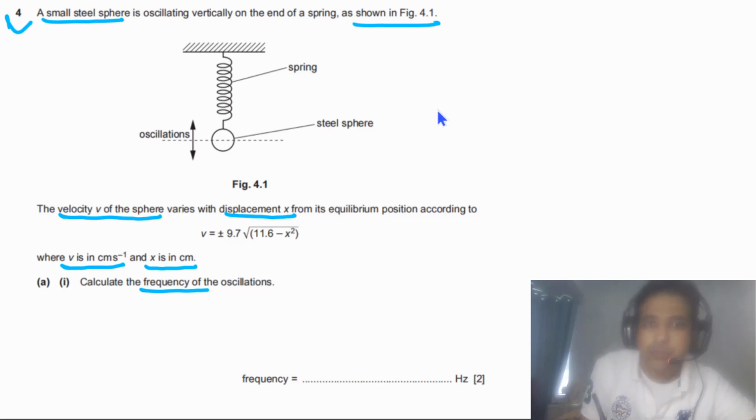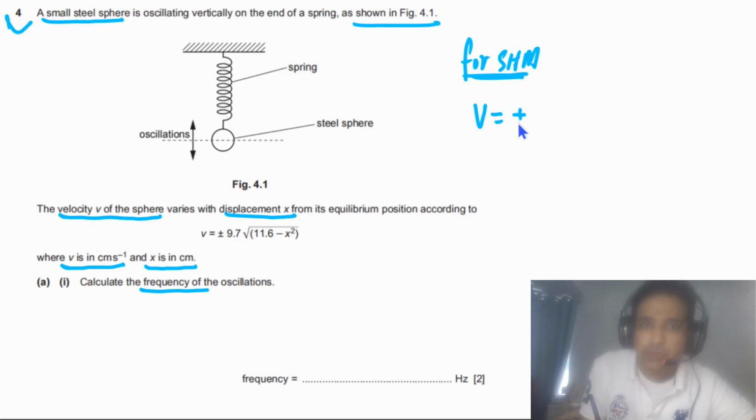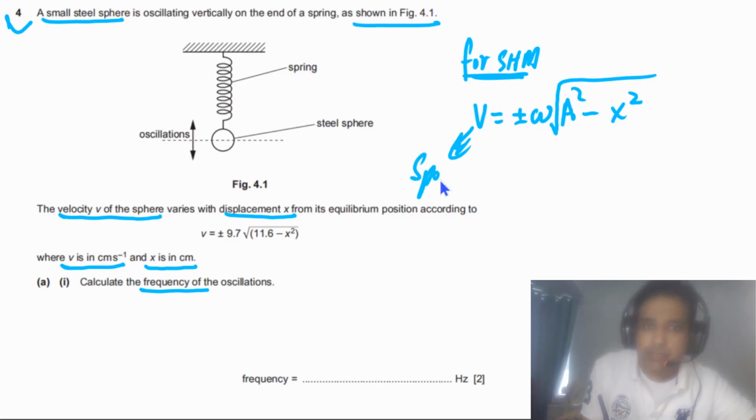So first of all, we need to understand for simple harmonic motion how velocity is linked with displacement. So velocity v is equal to plus minus omega times root of a square minus x square. Here v is representing the speed and omega is representing angular frequency.